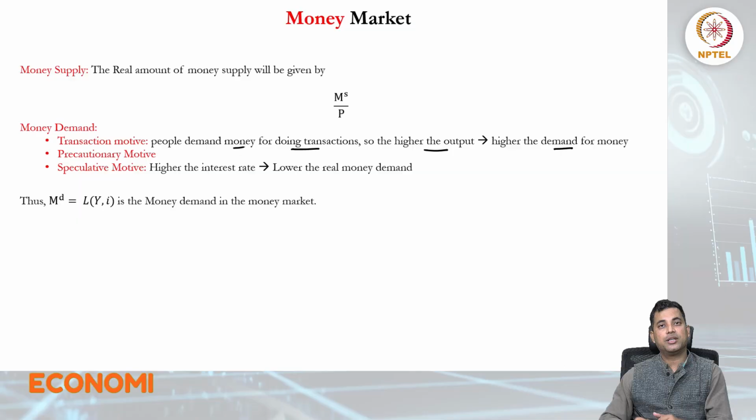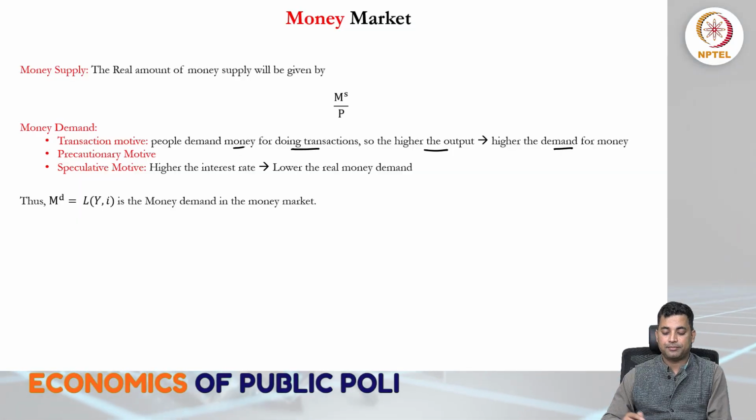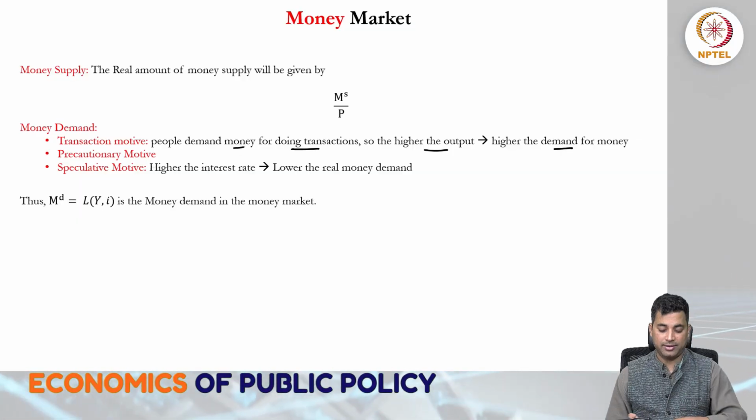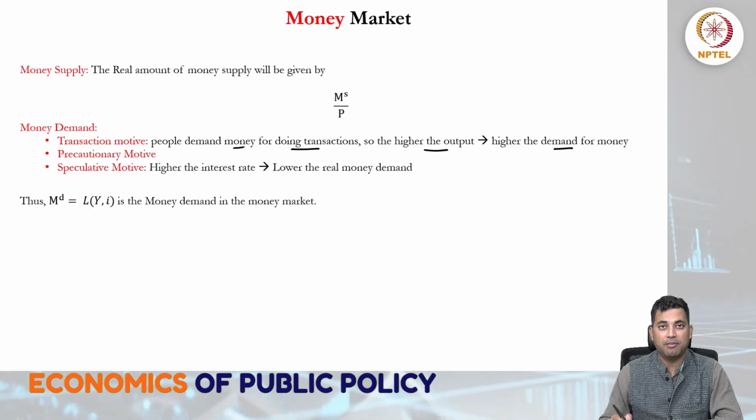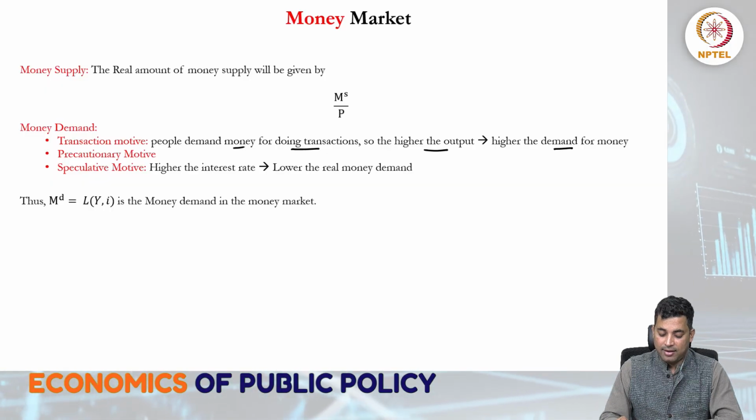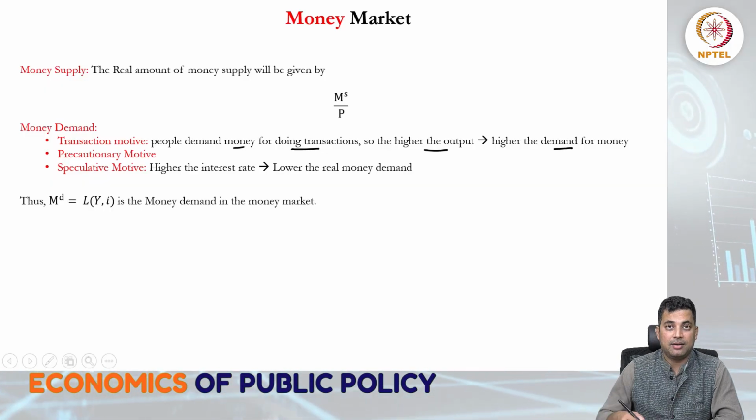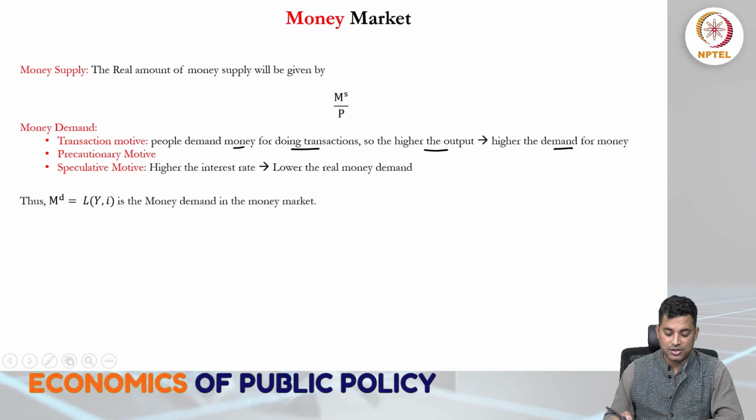So now precautionary demand for money can be, here there are two factors of course. Precautionary demand for money, one can say that this is liquidity, the main cash.